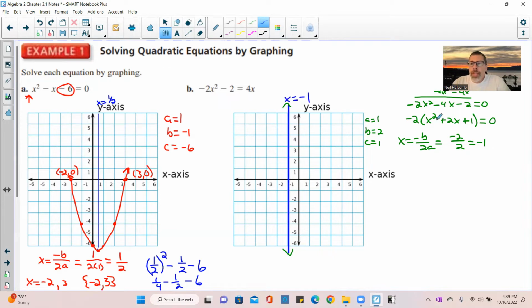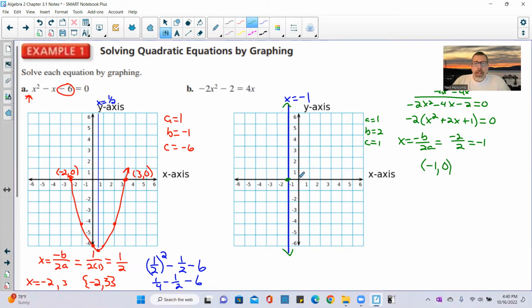So when I substitute negative 1 into this equation, negative 1 squared is 1, plus 2 times negative 1, which is negative 2. So 1 plus negative 2 is negative 1, plus 1 is 0, and 0 times negative 2 is 0. And in this case, we get the vertex to be negative 1, comma 0, which is right here.